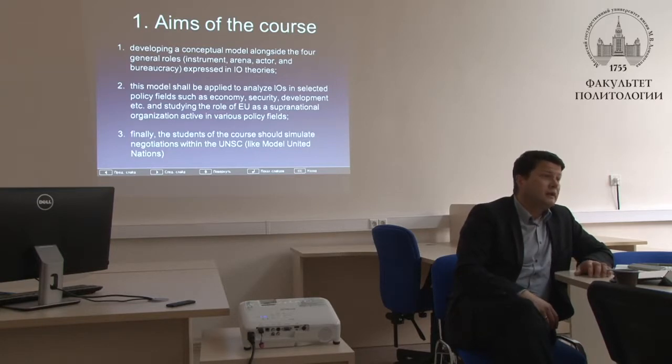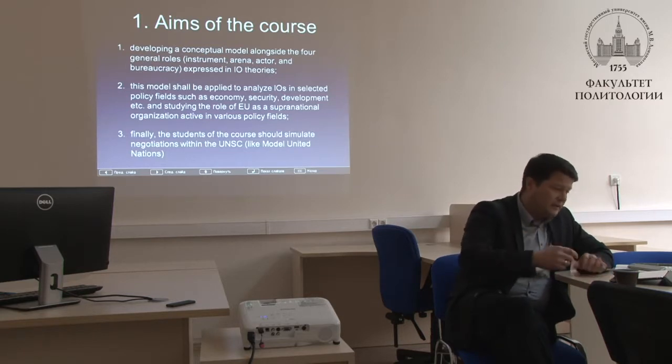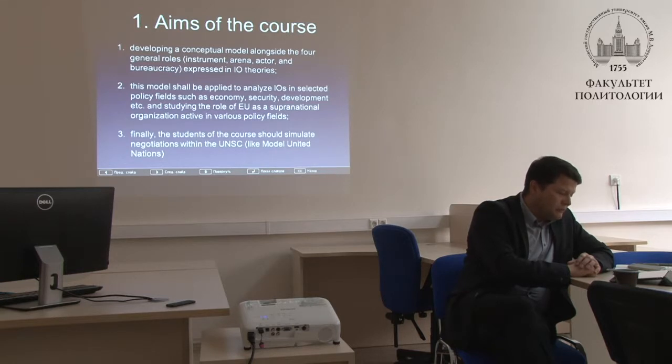They can be seen as actors vis-a-vis states, so IOs can really act. And they might be seen also as bureaucracies or organizations in a more general sense. These are four roles that are expressed in very different IR theories, and we are going to talk about this in, actually, 2 hours basically.